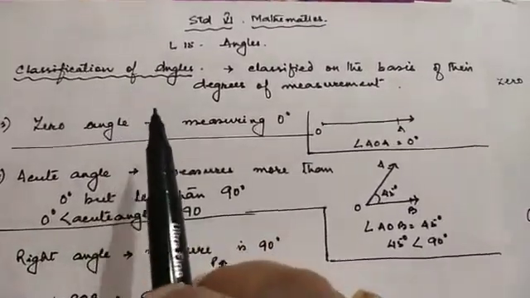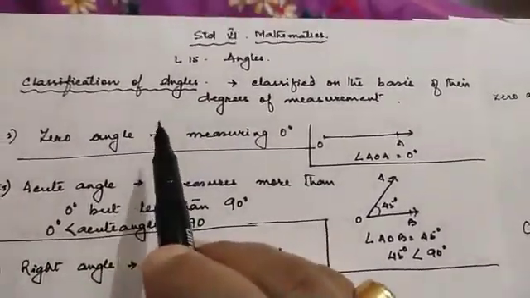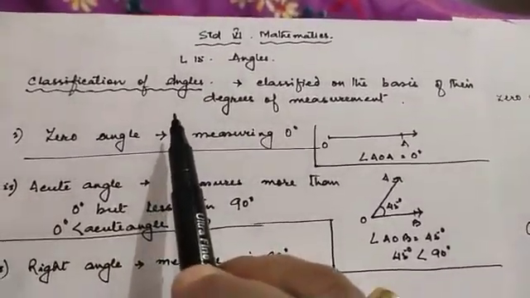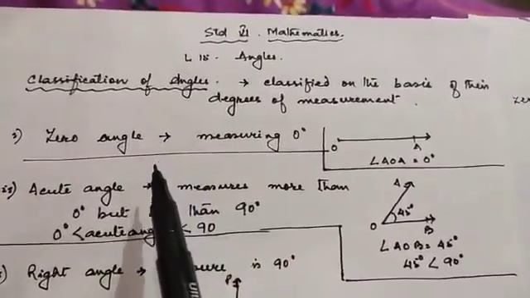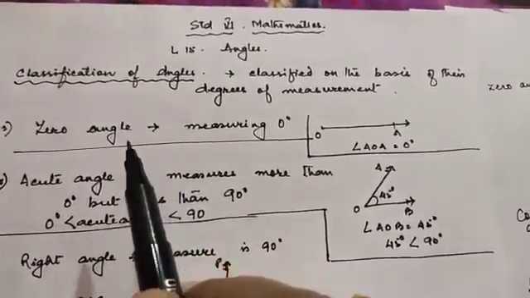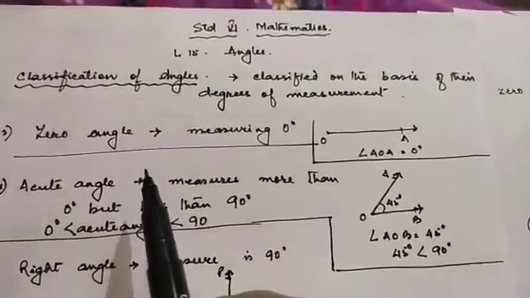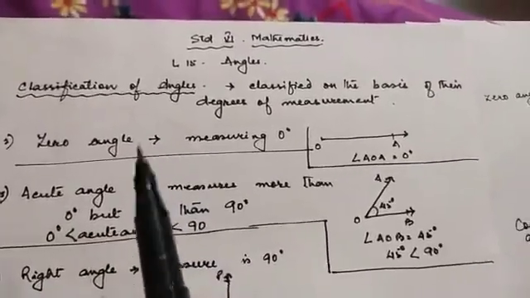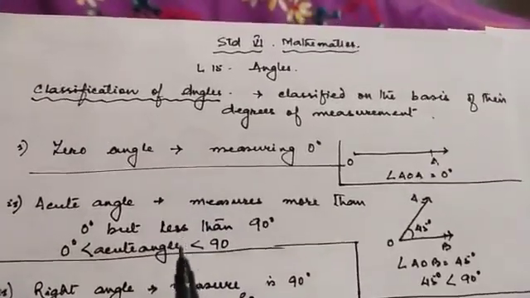Now, in the previous video, we learnt what an angle is, how to name an angle, the interior and exterior of the angle, the magnitude of the angle, how to measure an angle, and the standard unit of measuring an angle.